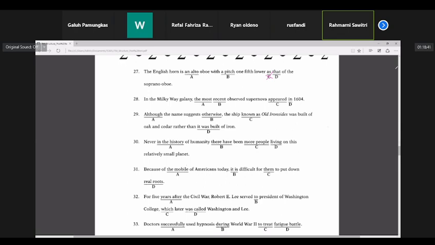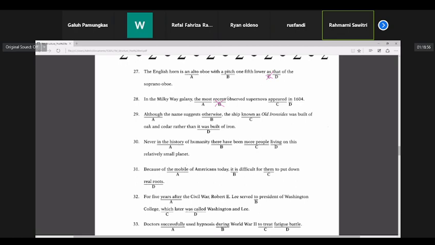Where is the mistake in B? The most recently observed, yes. Sorry, for number 28, yes, it's B, because it should be "recently observed."